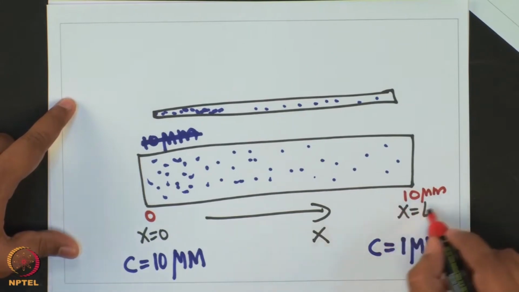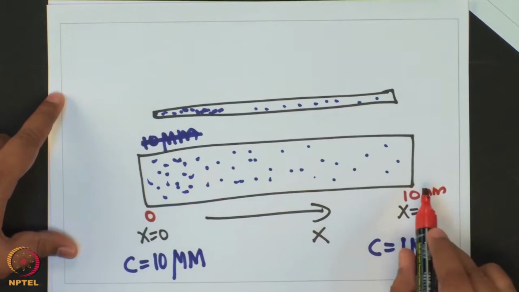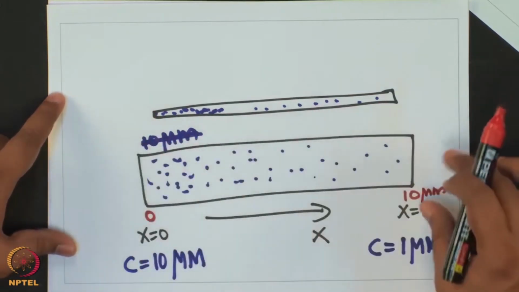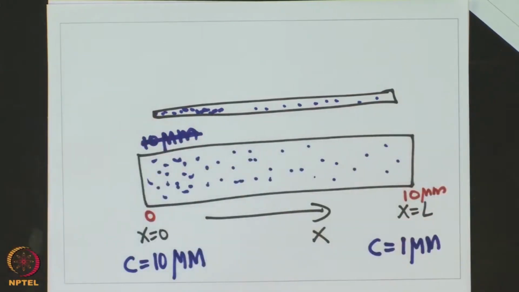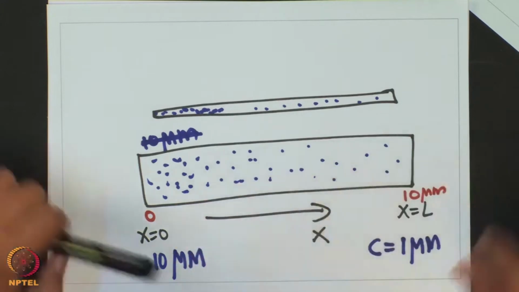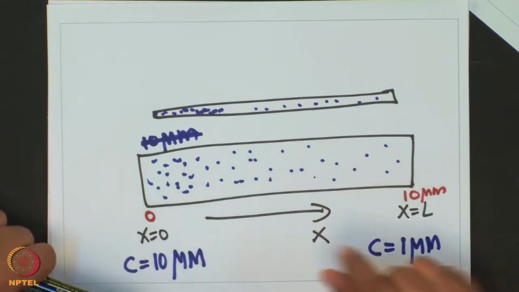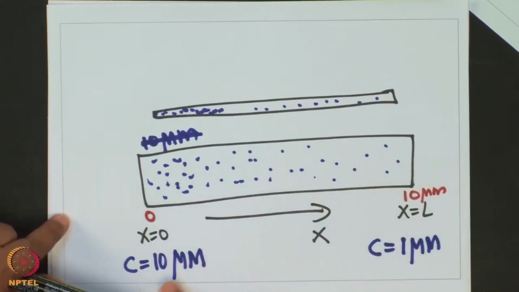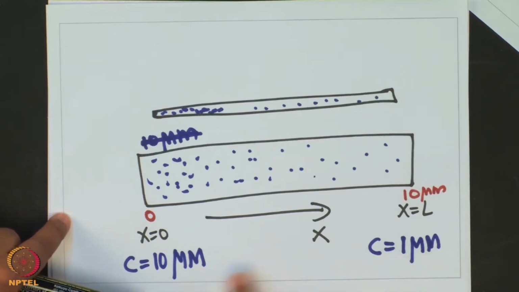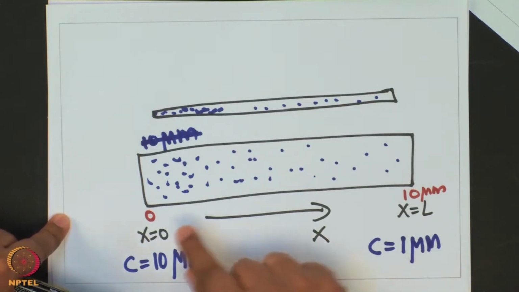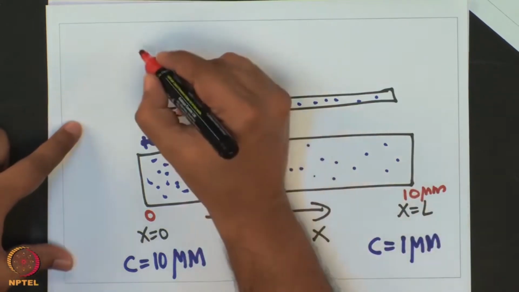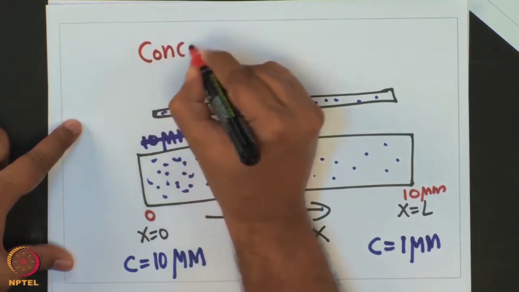So this is the length, x equal to L, which is 10 micrometer. So you have a 10 micrometer long thin tube, like a cell imagined as a thin tube, and you have a gradient of concentration from 10 micromolar to 1 micromolar. So such things are called concentration gradients.